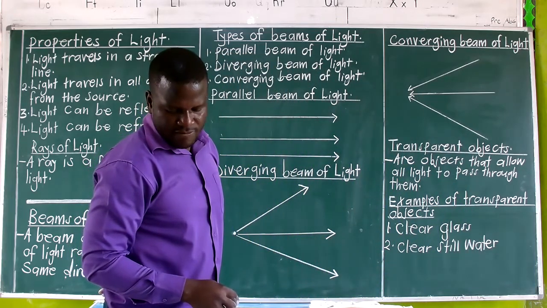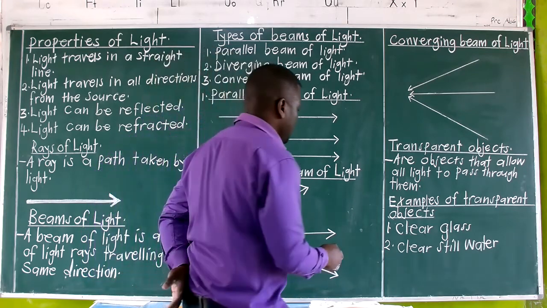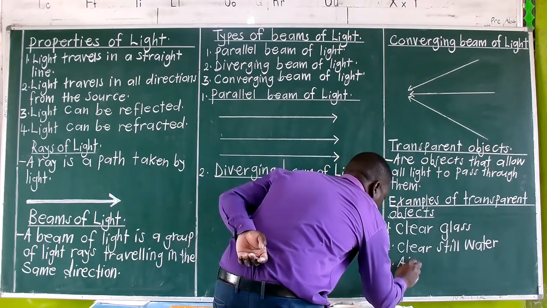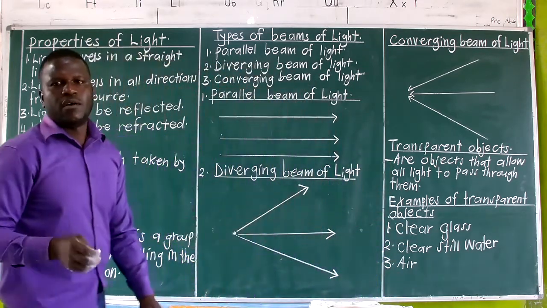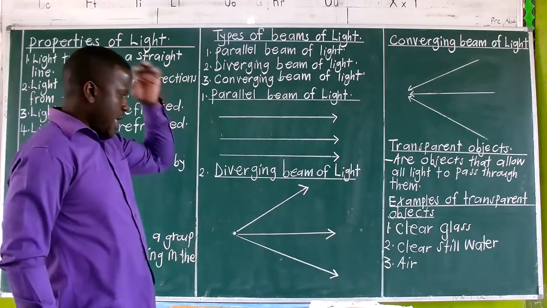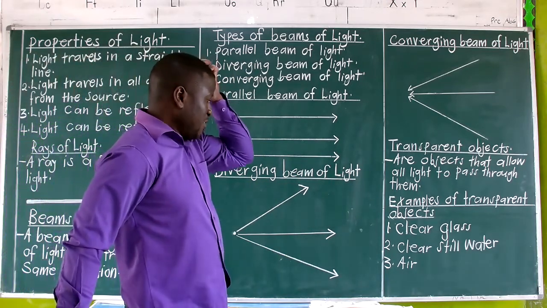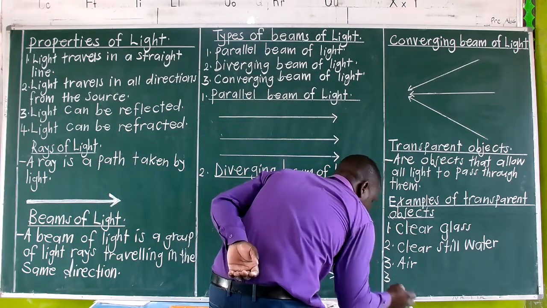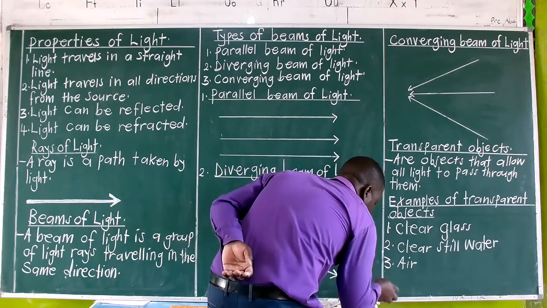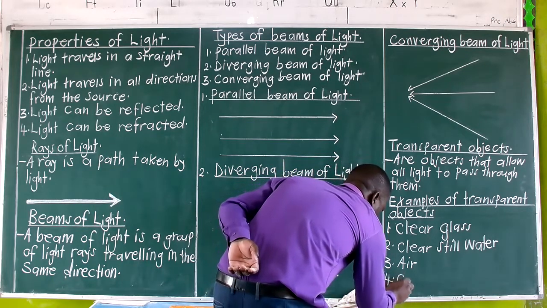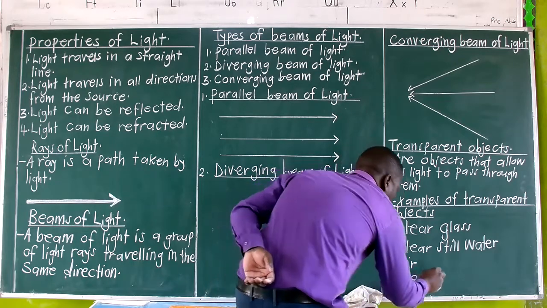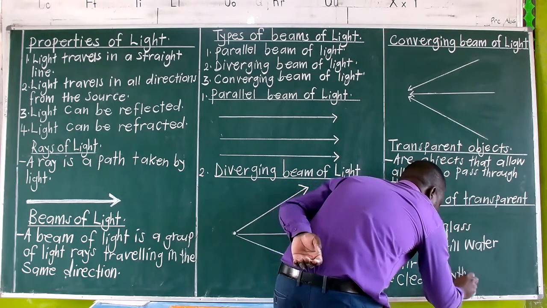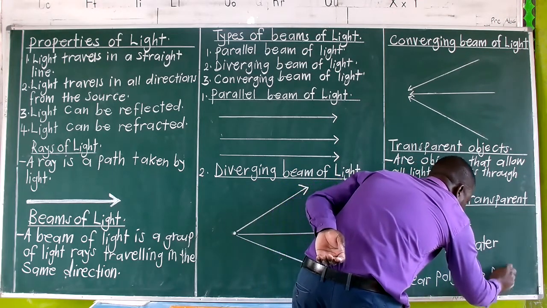Then we have air, which is also an example of a transparent object. Air, or clear air, air without smoke. You can also say clear polyethylene paper.